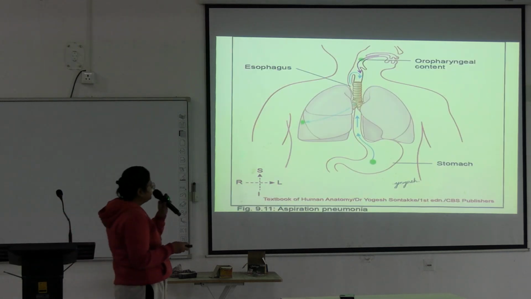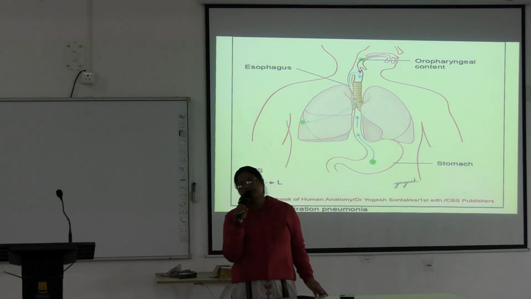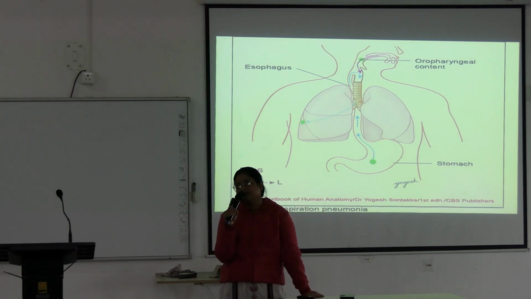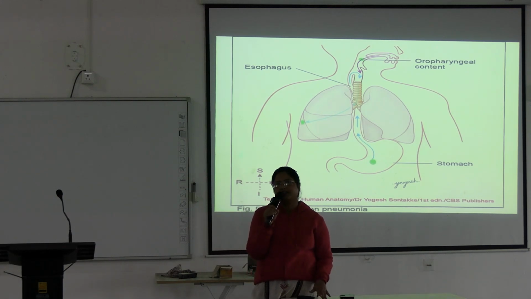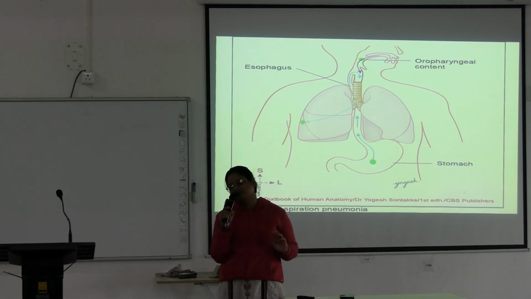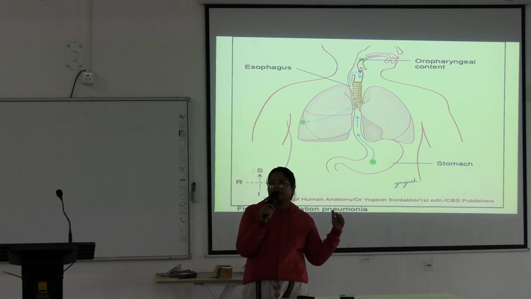Okay, that's all. Any queries? So you prepare bronchopulmonary segments very well. It comes as a long question, and can also come as a short note. Important explain why questions: why a bronchopulmonary segment is not a bronchovascular segment, and why a foreign body goes towards the right lung or is more common in the right lung.